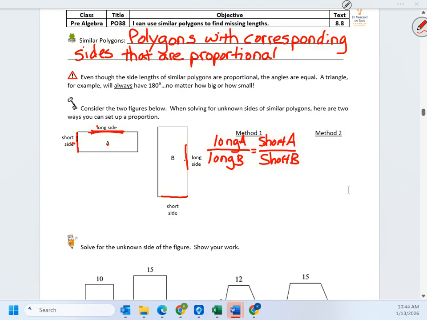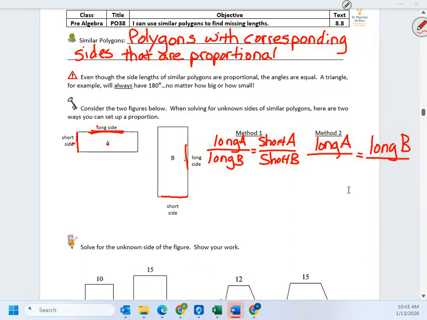Method 2 says long A over long B. So remember, we're keeping things consistent. Oh, sorry. Why did I say long over long? I just gave you method one again.